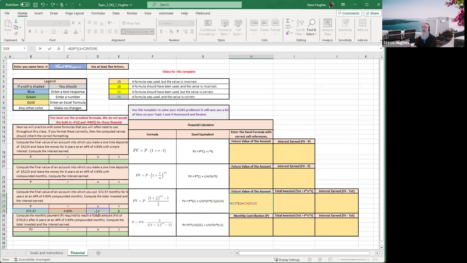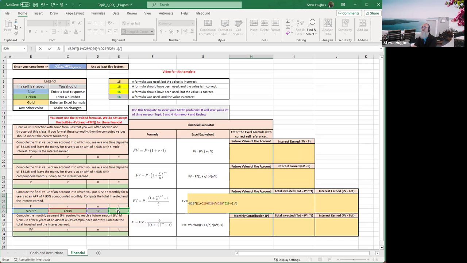Now I need the caret key, Shift 6, open parentheses. N times T. Just click on N times T. Then I close my parentheses. Now I have minus 1. Close parentheses, divided by, open parentheses.